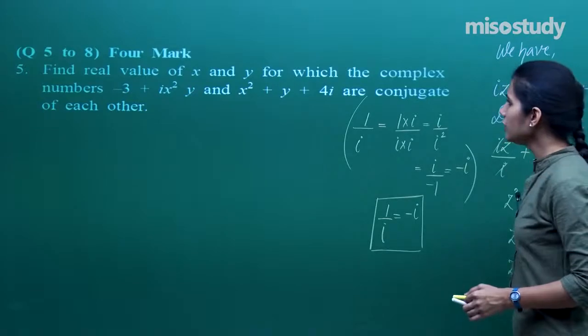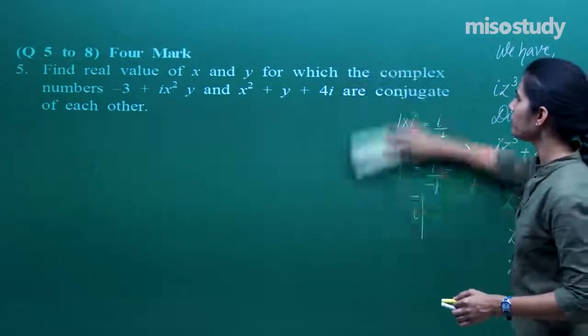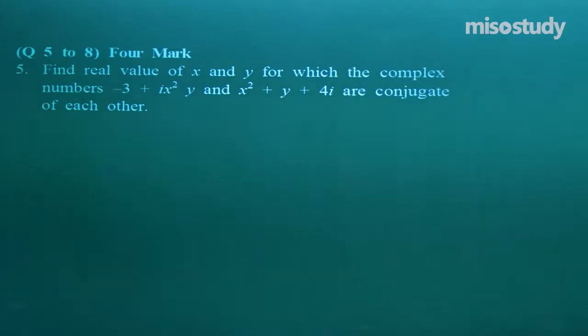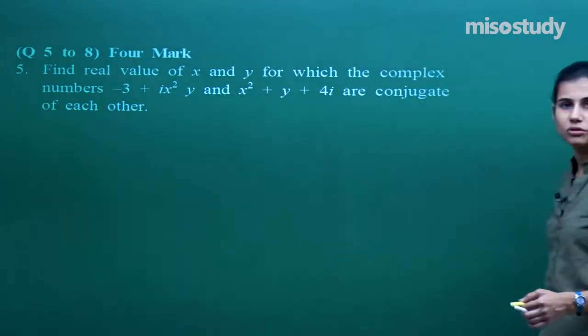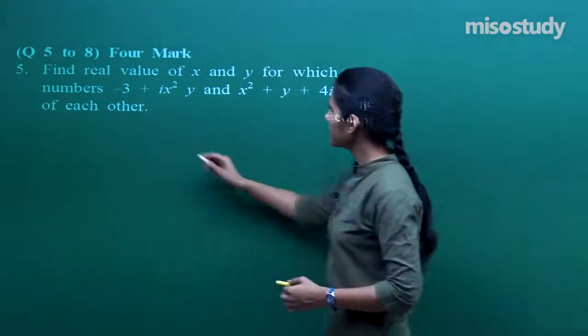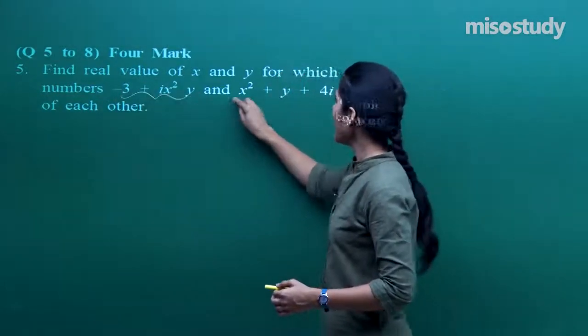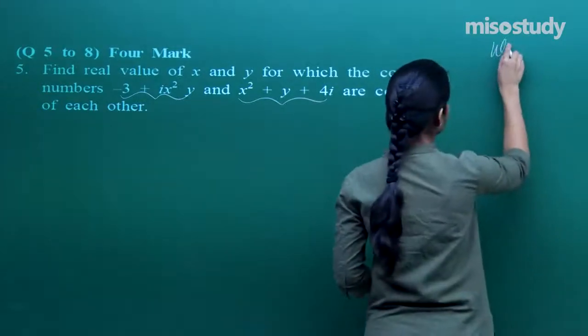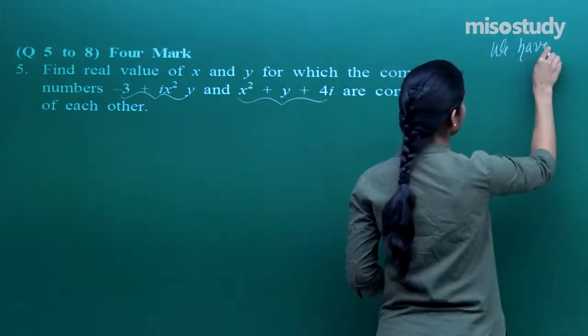Next we have to find real values of x and y for which this complex number and this complex number are conjugates of each other. Now already the relationship between these two complex numbers is fully given to you. Write it in the mathematical format.